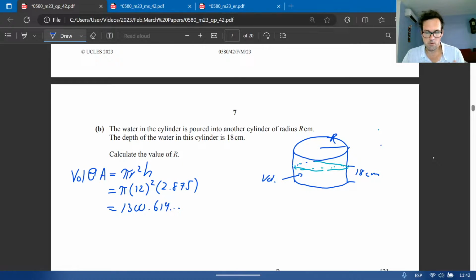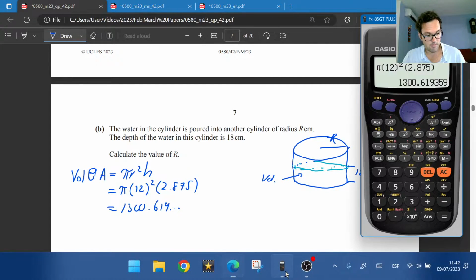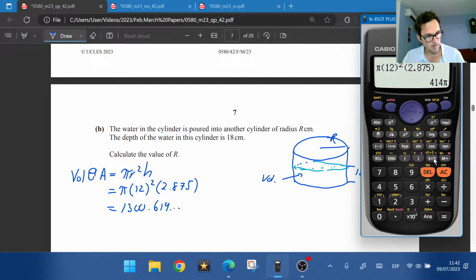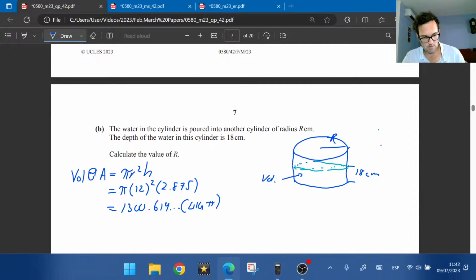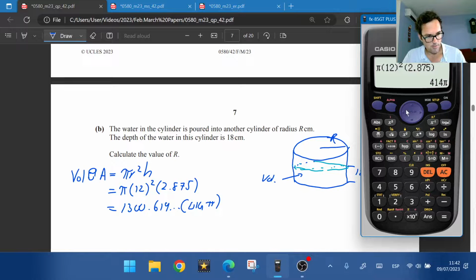Don't round it, use lots of figures, but better, more accurate, if you can, 414 pi. By the way, if your calculator doesn't give you the answer in pi, you can just do this calculation without the pi. Just 12 squared, you see, what you do is you just do everything without the pi, and you just add the pi at the end. Alright.